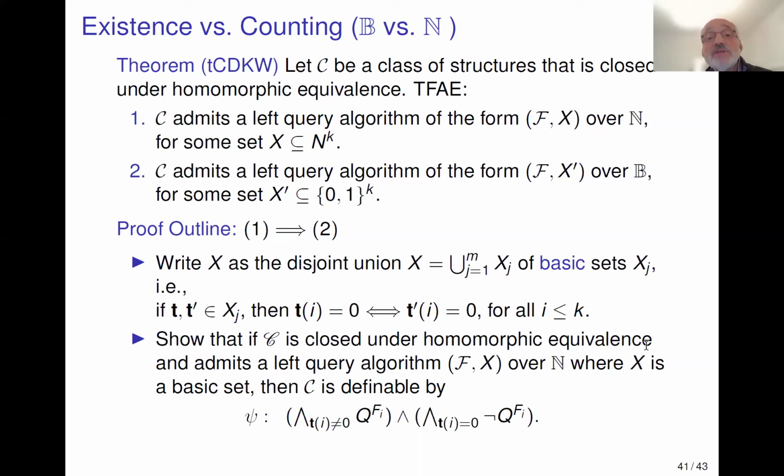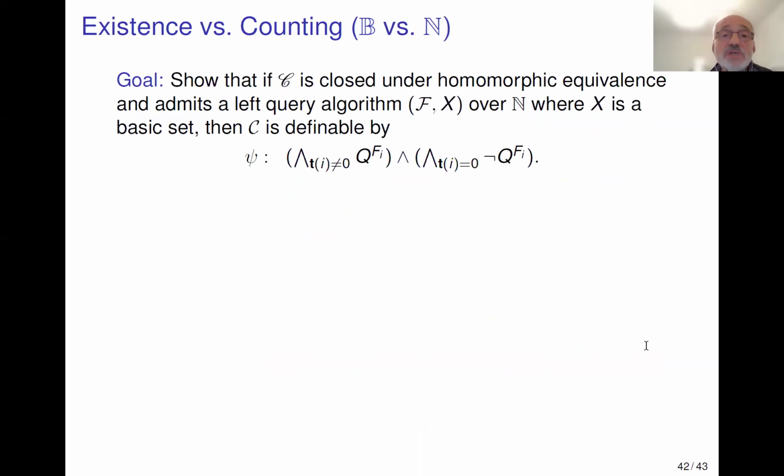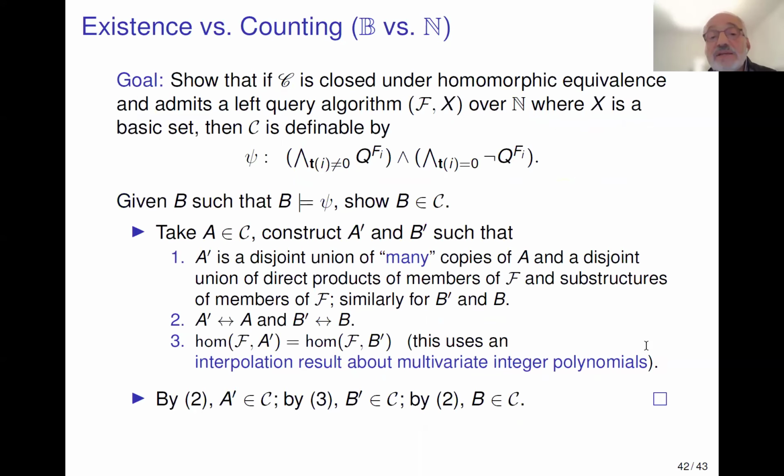The idea is to write this X as the disjoint union of some simple sets, and then show that if you are closed under homomorphic equivalence and admit a left query algorithm and the set is a simple set, what we call a basic set, then it's definable as a Boolean combination of conjunctive queries. That requires some work, and it uses some results from polynomial interpolation about multivariate integer polynomials. I'm not going to elaborate on this.